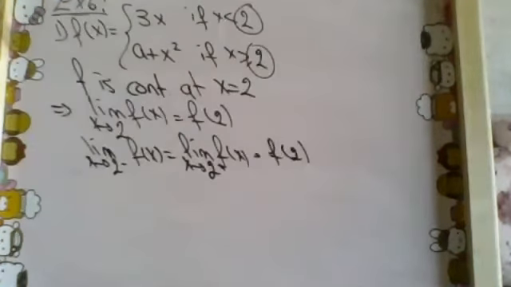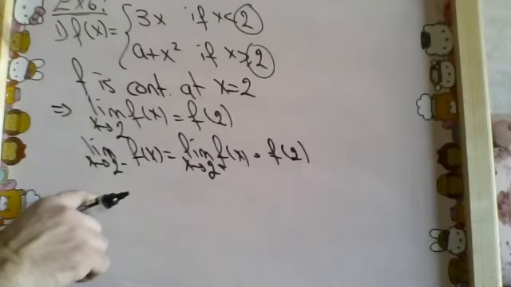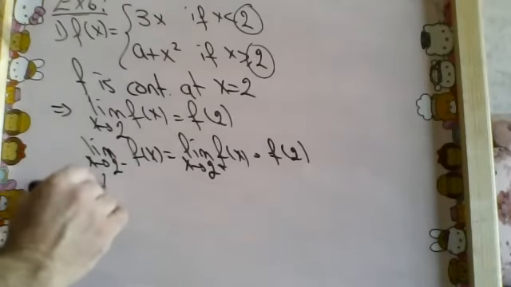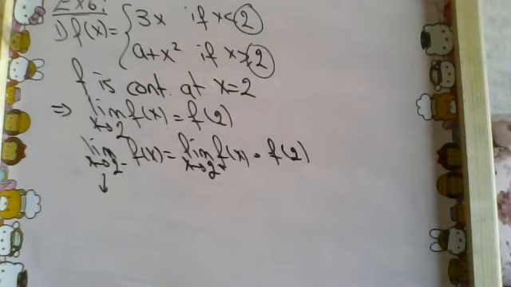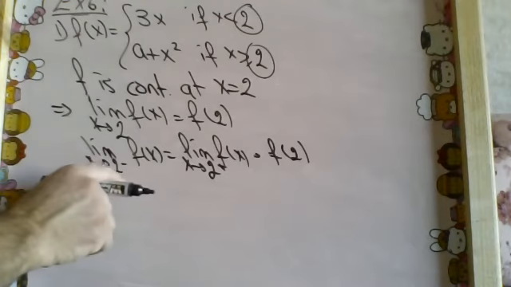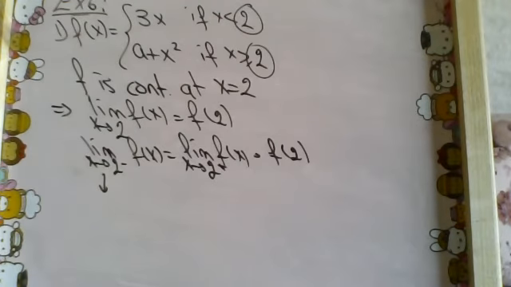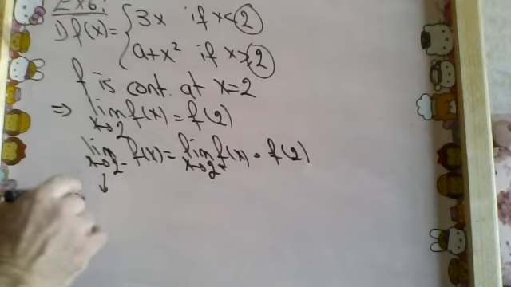We replace: the limit as x approaches 2 minus is the limit of 3x.